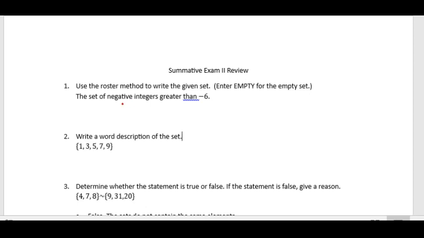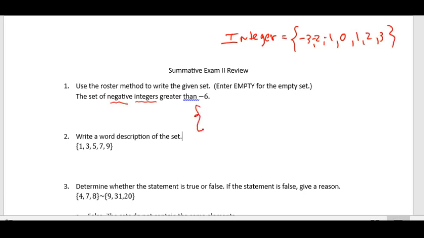So one of the things we have to make sure we understand is what is an integer. So an integer is the set of all the negative numbers, 0, 1, 2, and 3. So for this problem, they want us to look at the negative integers, and it's also greater than -6.